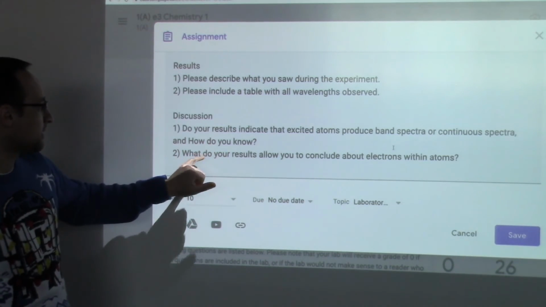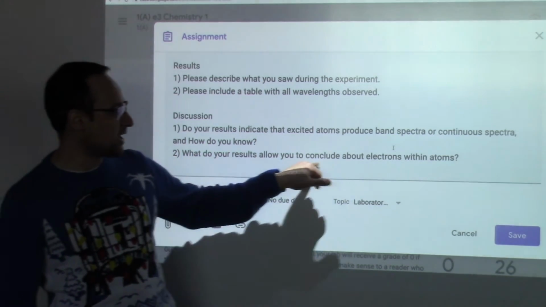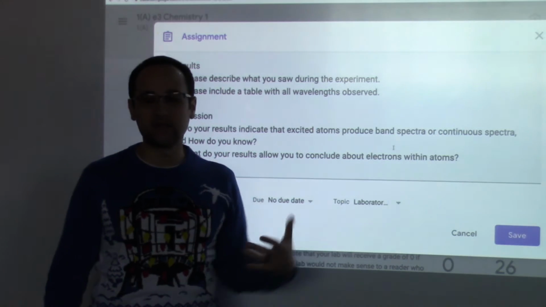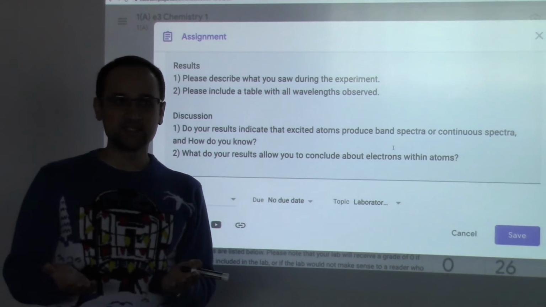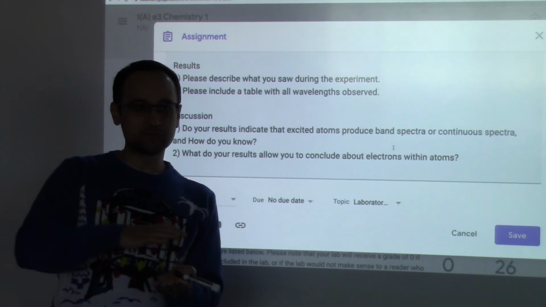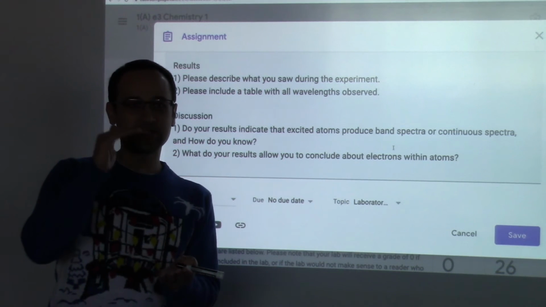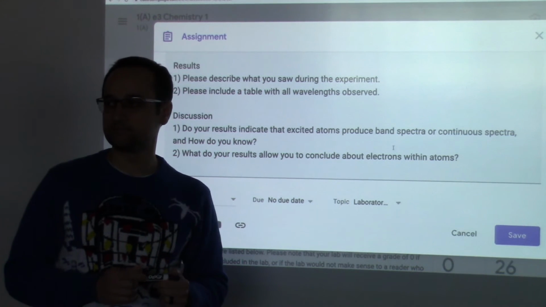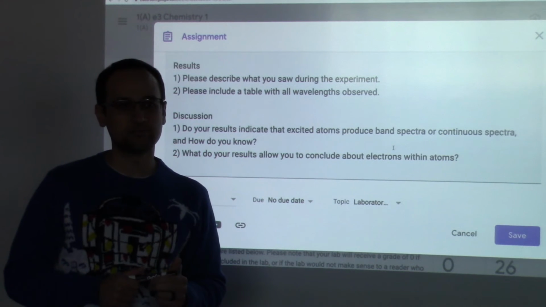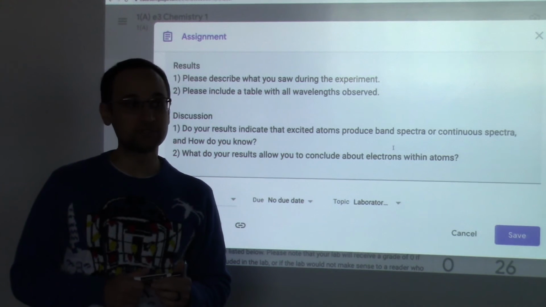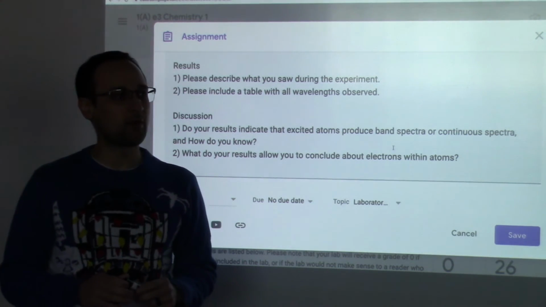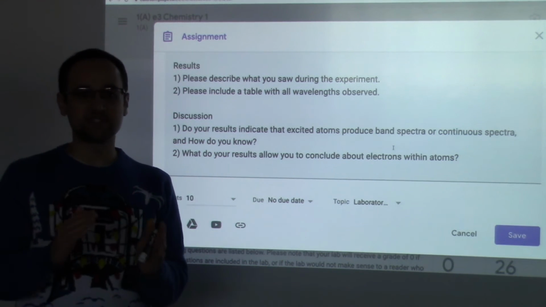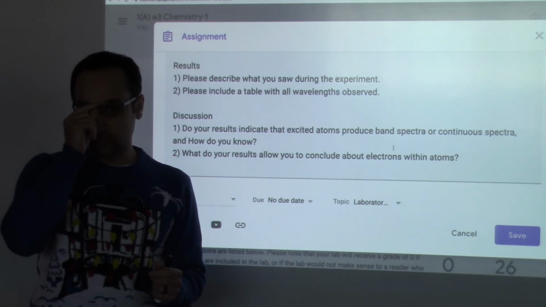That's exactly right, okay? And so what do our results allow us to conclude about electrons within atoms? I'll simplify that question. Do electrons exist in any old energy levels within atoms, or can they only exist at discrete energy levels? Discrete energy levels, okay? Electrons can only exist at certain energy levels. That word discrete just means specific, okay? Only certain levels are possible.